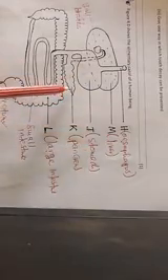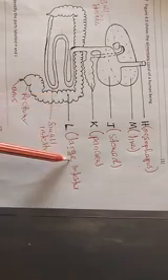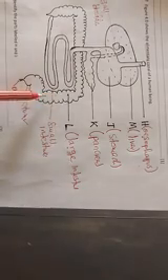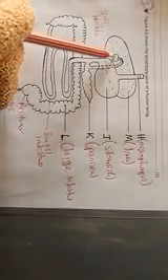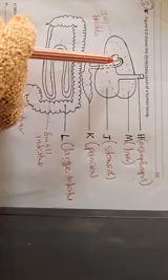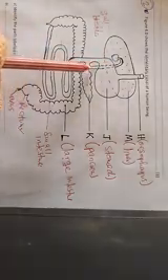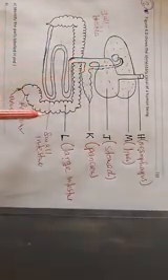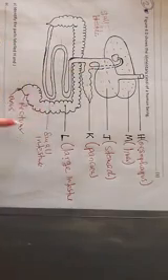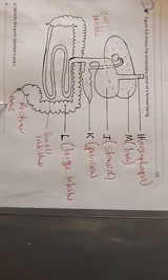Then part M, this is the liver. Then I, the stomach. Then K, pancreas. Then L, large intestine. Then we have here, this is the gallbladder. This tube is called the bile duct. Then we have the small intestines, the rectum and anus.